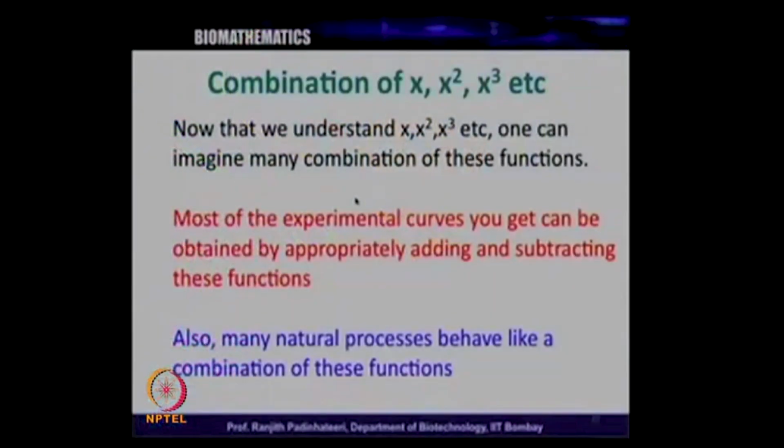As you will see in this lecture soon, most of the experimental graphs you get, when you do an experiment, are very complicated graphs, very different from what you saw now. x square are simple graphs, but you get many complicated graphs, and it turns out that most of these graphs can be represented as a combination of x square, x cube, x power 4, x power 5.